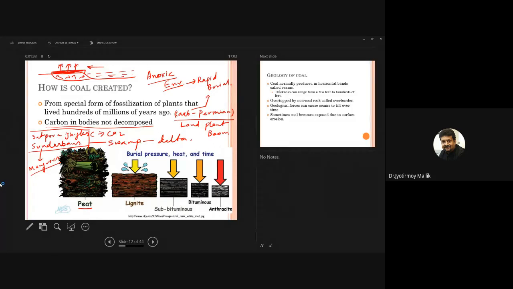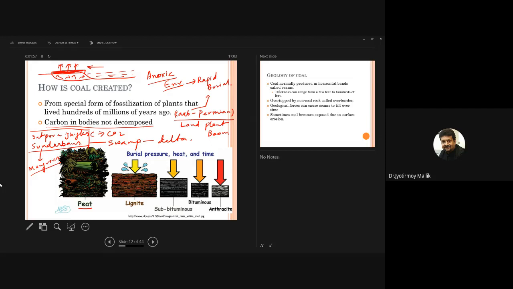We also said that most of the coal deposits around the world come from the Carboniferous and Permian, because that was the time of the land plant boom in the history of geological time. And hence, most of the coals that we observe around the world come from that period of time.